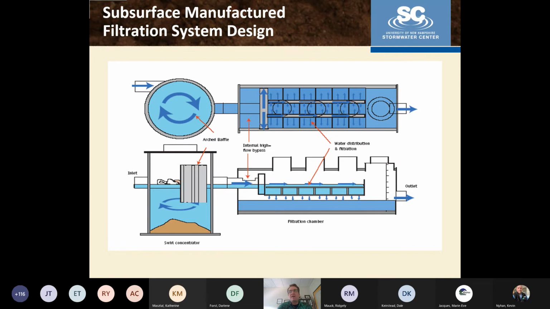So coarser filters like expanded shale or perlite will have high infiltration rates.